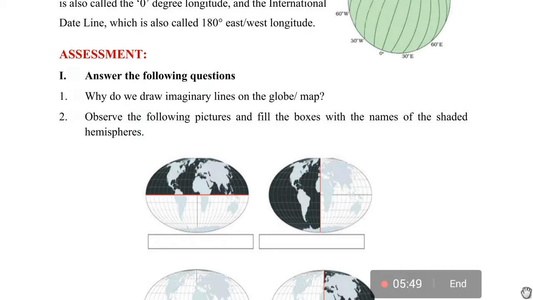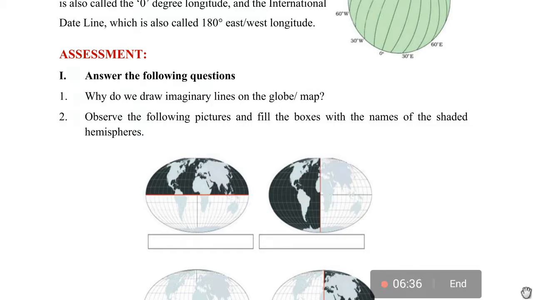The answer is, for our convenience, using these imaginary lines we can identify the exact location of a place, and also identify the time and how day and night change. All of these are useful only because of these imaginary lines.